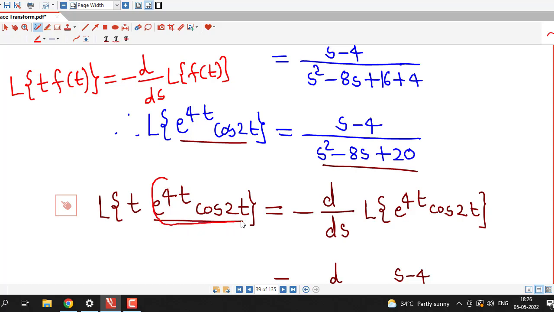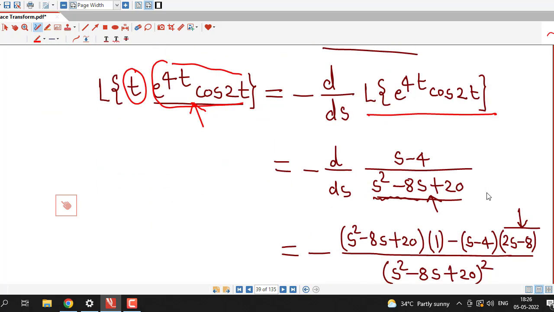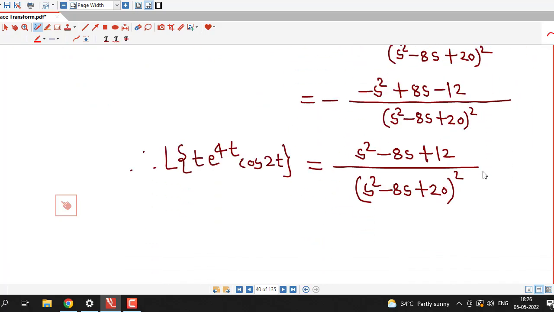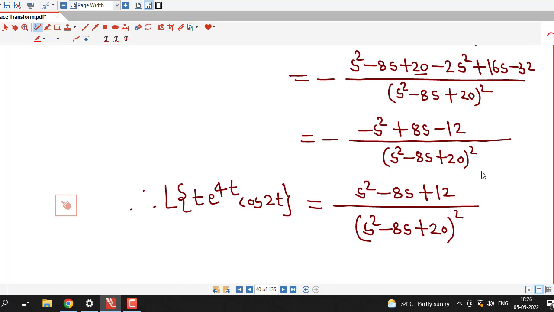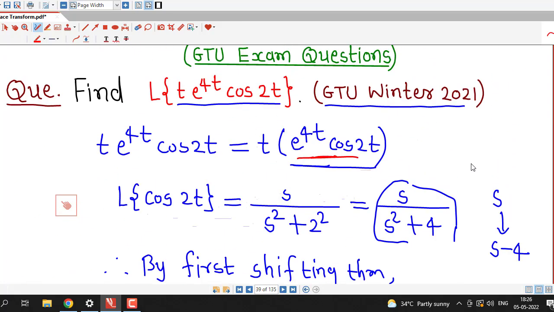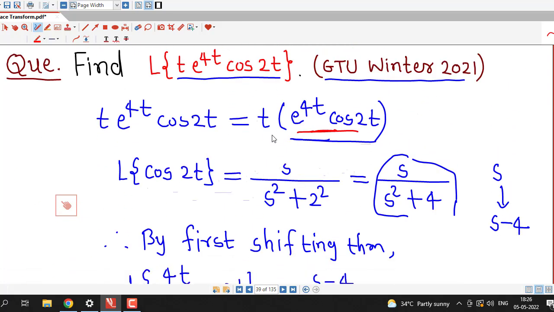So we can see we have to consider this as f of t because we are having a single power of t. So using this formula, it is minus the derivative of this Laplace transform of this function, and then we differentiate with respect to s. So in this way we can easily obtain the Laplace transform using the first shifting theorem and the formula for multiplication by t. And here we are first using the first shifting theorem and then we use multiplication by t.